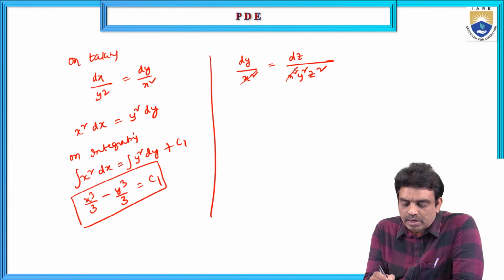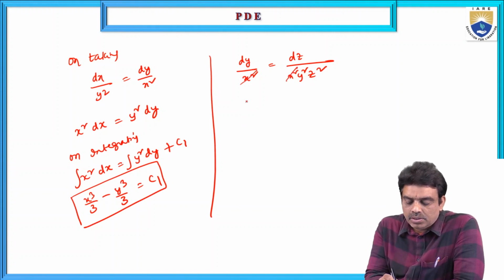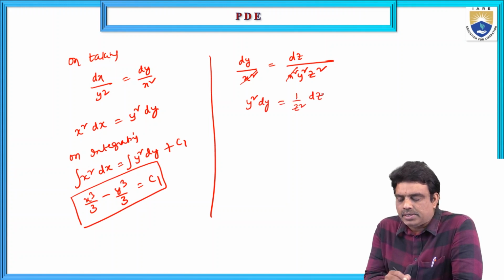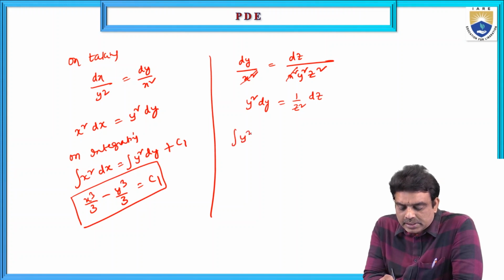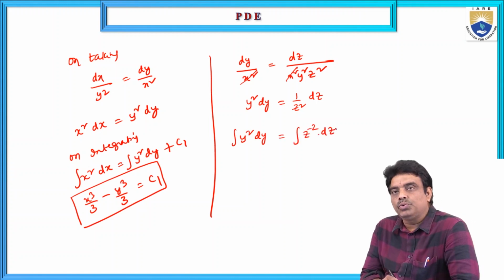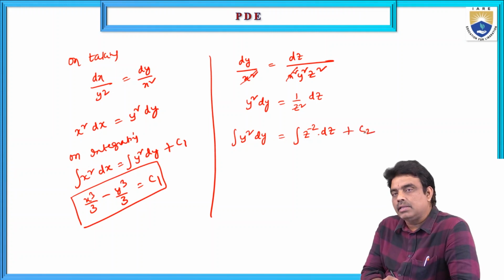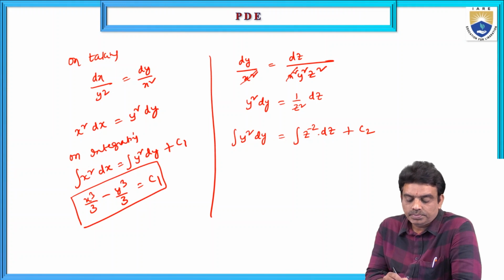So x square also gets cancelled. So y square dy is equal to 1 by z square into dz. So integrating both sides, integral y square dy is equal to integral z power minus 2 dz plus another, you will get the constant also c2.